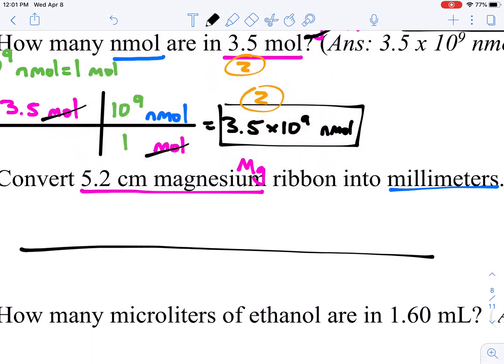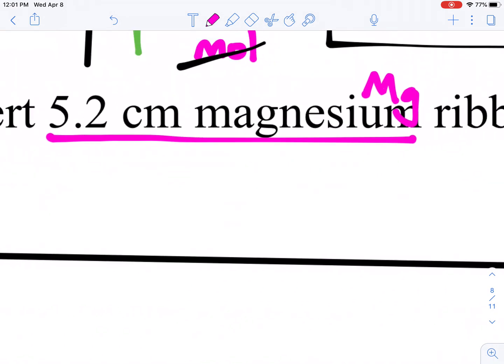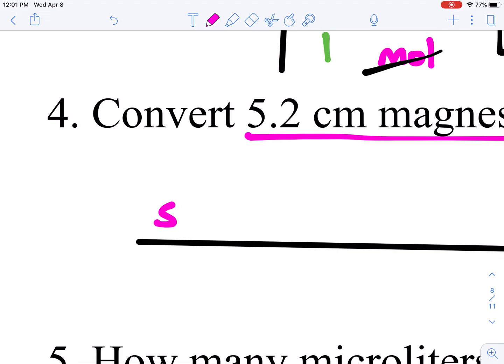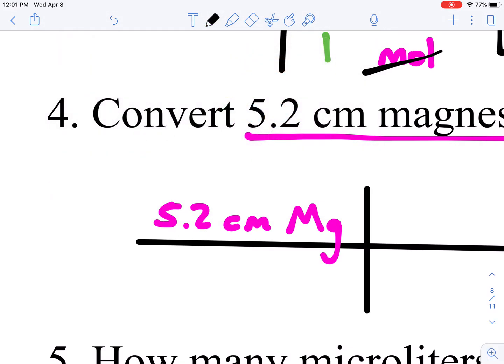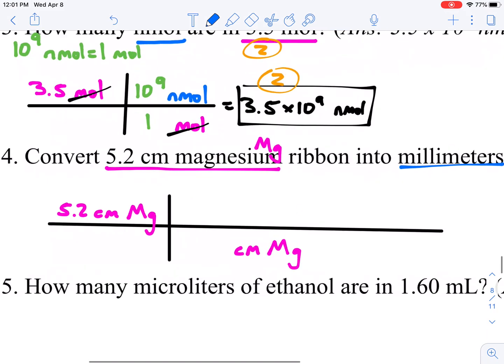First off, I'll get my table set up. We know that we have 5.2 cm of magnesium, Mg. We also know that we need to cancel out that unit, so in the denominator we're going to put centimeters of magnesium. Ultimately, from the problem, we are trying to get to millimeters of magnesium.